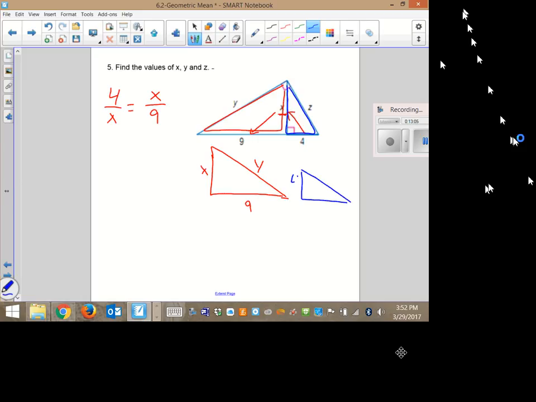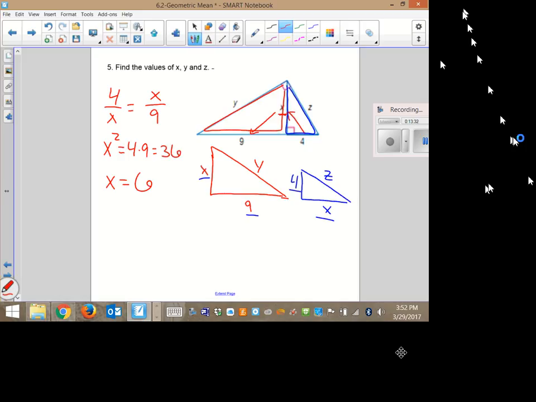So this is 4, Z, and X. So then you can see that I match up my X and my 4, and then my 9 and my X. So that's where I'm getting those numbers from. So solving for that, we're going to get X squared equals 4 times 9, which equals 36. So we get that X equals 6.